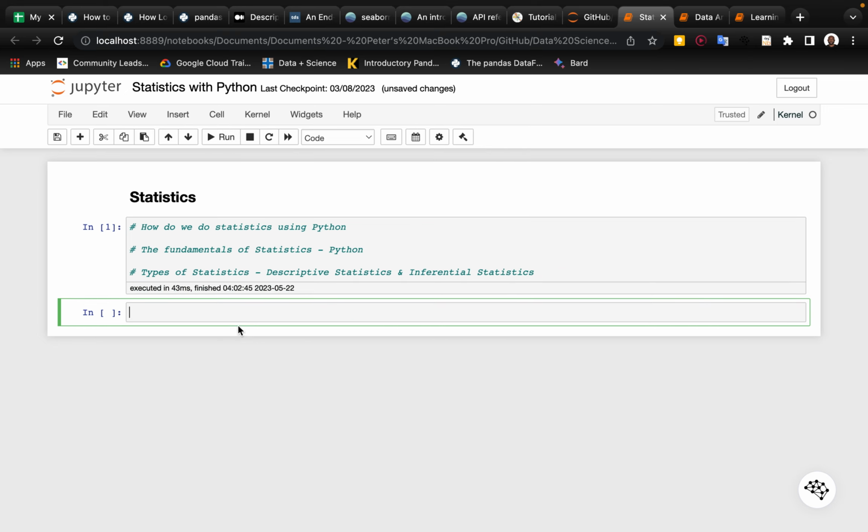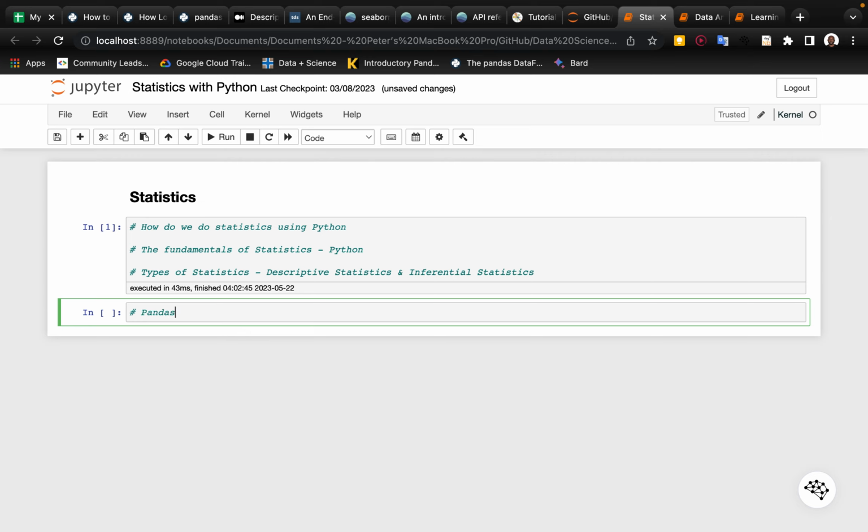Of course, we already have data, so we would definitely read our data. We're going to look at different packages. Of course, the usual suspects: pandas, numerical Python, which is NumPy.